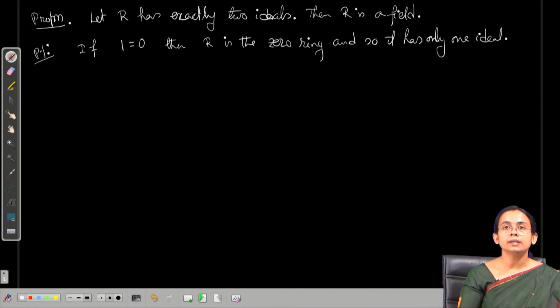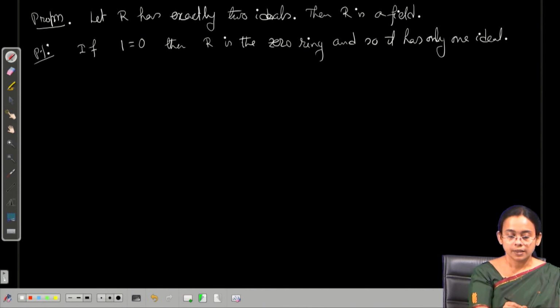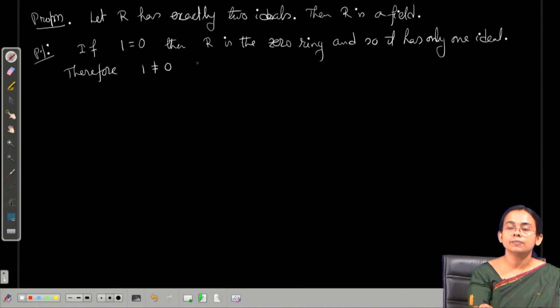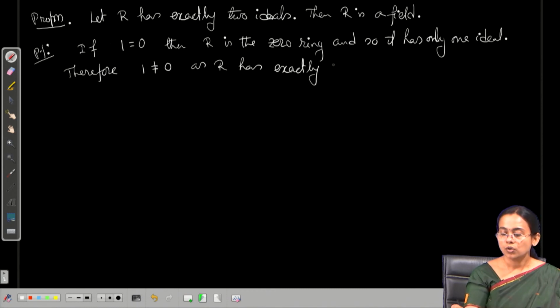But it is given that R has exactly two ideals. Therefore, the multiplicative identity is not the same as the additive identity, as R has exactly two ideals.